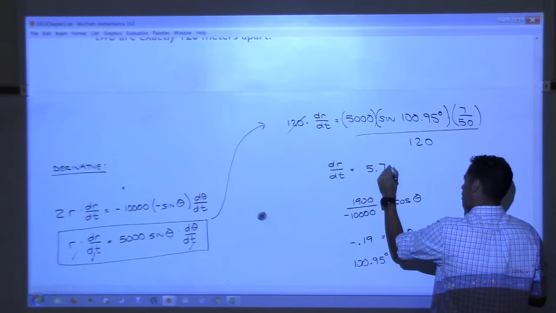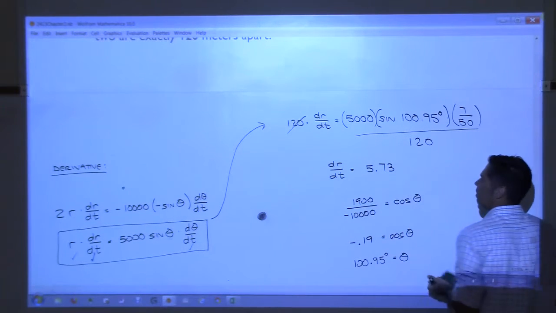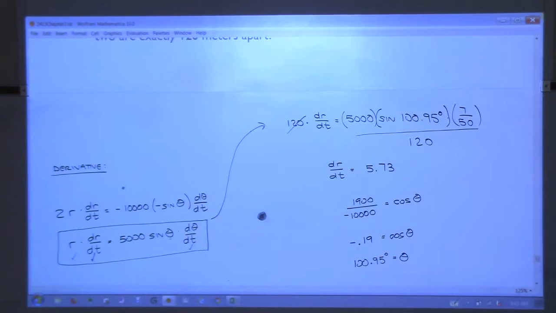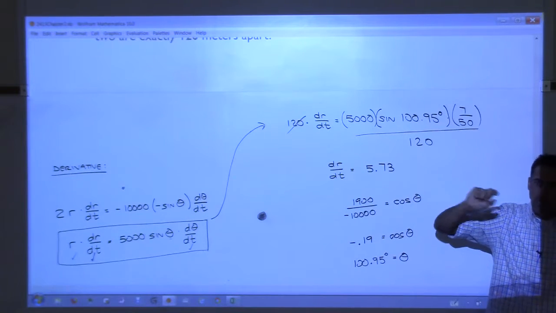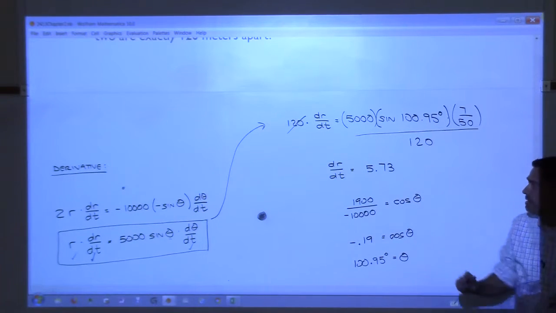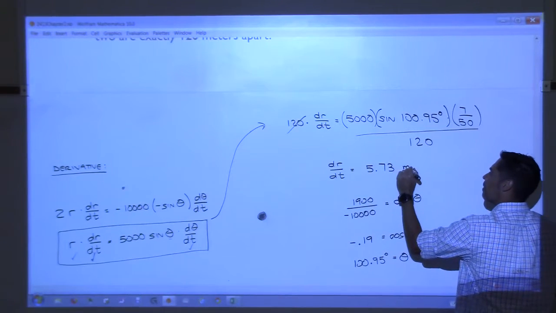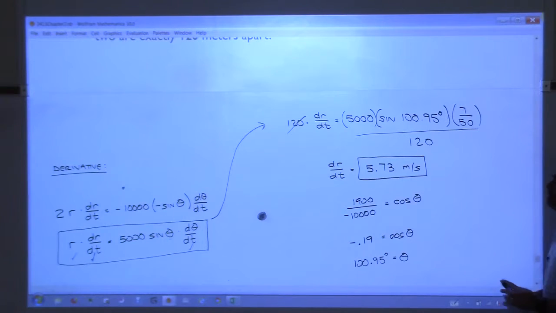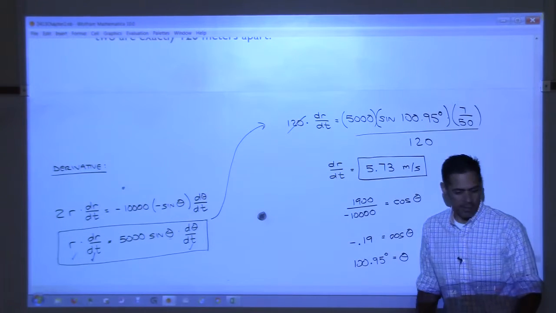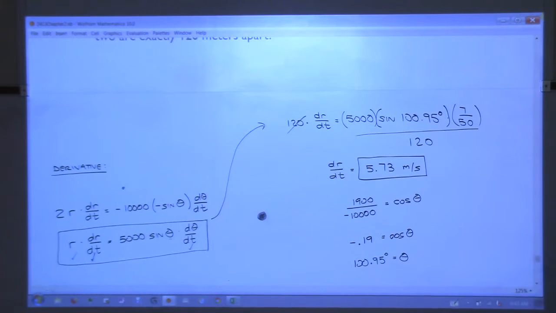Okay, close. 5.73 maybe. 5.73 what? Meters per second. Remember, R was that length, the distance between the observer and the runner. And that was growing like a line, so that's going to be meters per second. Think about this answer. Are we confident that answer makes sense? Why or why not does that answer make sense?